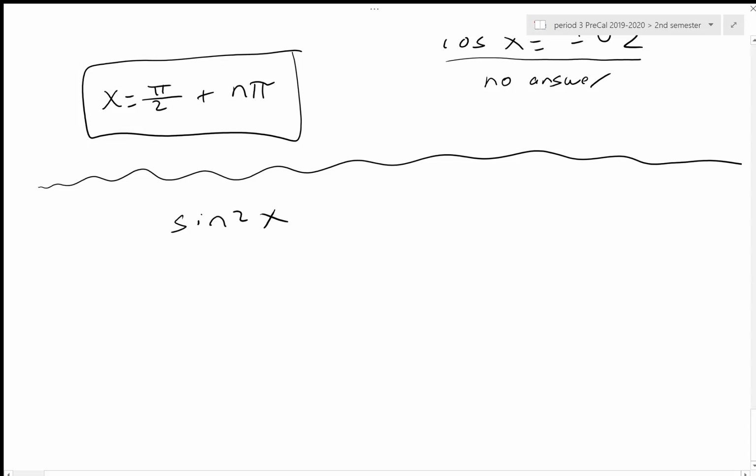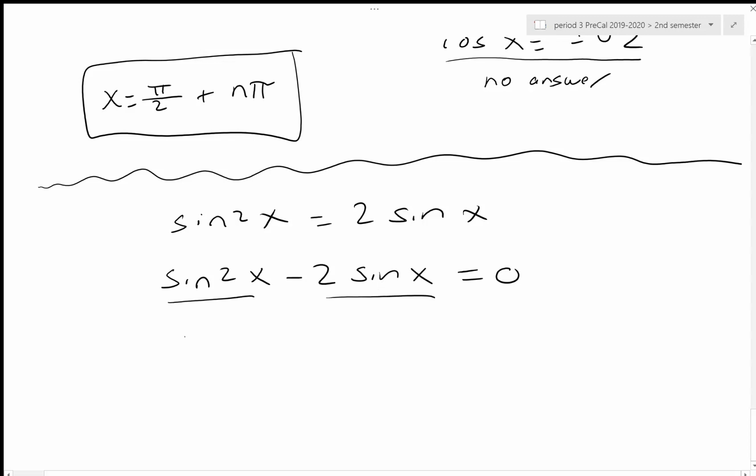Sine squared x equals 2 sine of x. Okay, bring everything to the side. Sine squared x minus 2 sine of x equals 0. Okay, again, what could I factor out of sine squared and 2 sine?